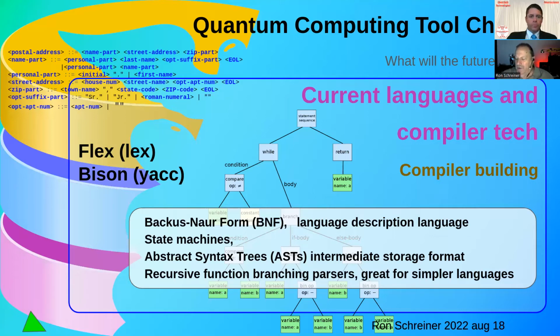Another common tool used for simple compiler building is the concept of recursive descent parsers. These things tend to have their lexical analyzers built in. They're good for really simple languages. I've built a number of languages using this technique. They don't like to have ambiguous language definitions. They don't like to look ahead, have what's called lookahead capability in compiler speak.